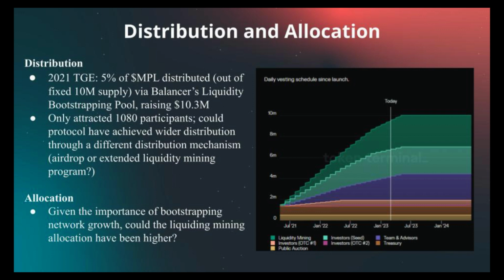This raises the question, was this go-to-market mechanism the best one they could have approached? 1,000 participants, it's not that much, especially for a marketplace that requires a lot of users to deposit funds. So if I'm looking through their initial token allocation, they could have allocated more supply to their TGE for the Balancer pool.